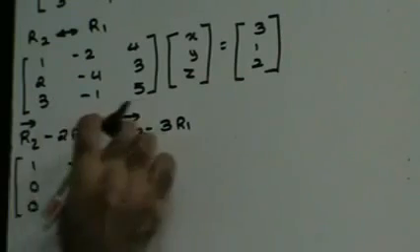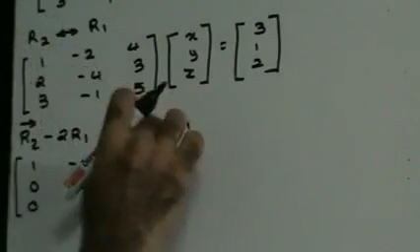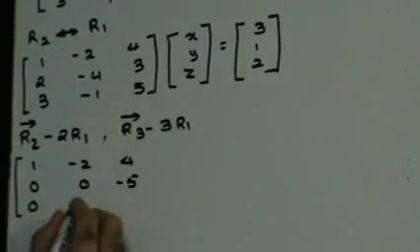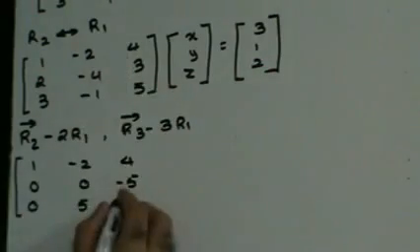Now 3 minus 3, 0; minus 1 plus 6, 5; and 5 minus 12, that's minus 7.